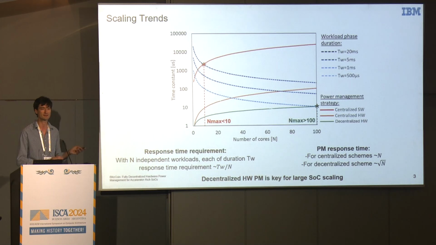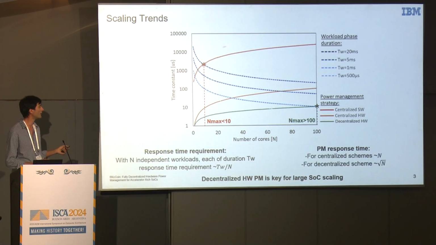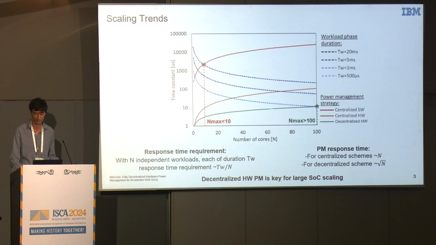Hence, if we look at the intersection of the different lines, we can see that, for example, a fully centralized software scheme would only support about 10 cores even for long workloads, whereas our scheme can scale to 100-plus tiles, even for very short workloads.